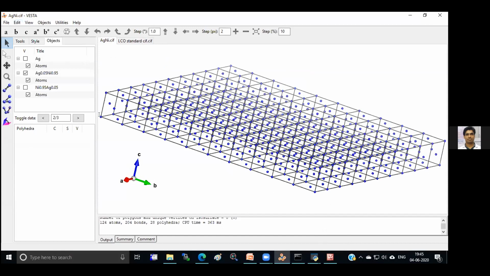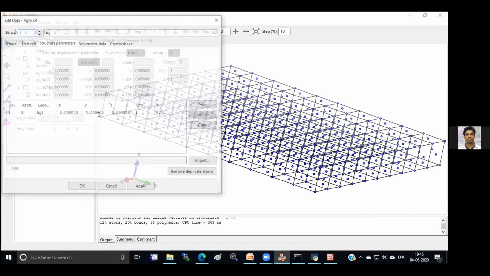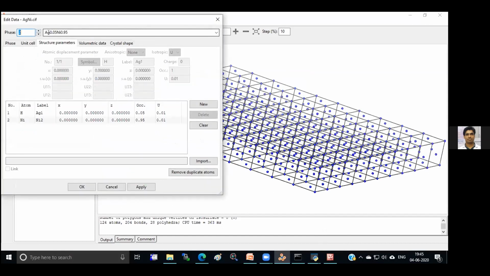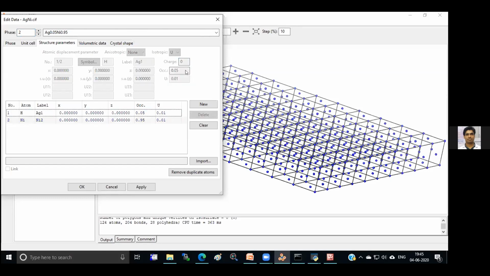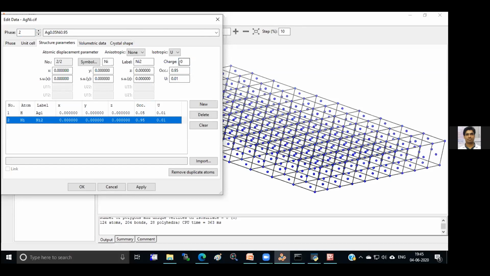There you will find the second phase: silver 0.5 and nickel 0.95. So these are the values, and the silver charge is 0. Okay, silver charge 0, for nickel the charge is also 0. So there is no charge given in the CIF file, so you have to put this during the Rietveld refinement.